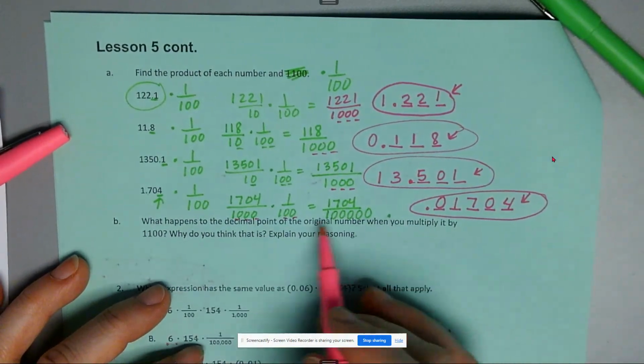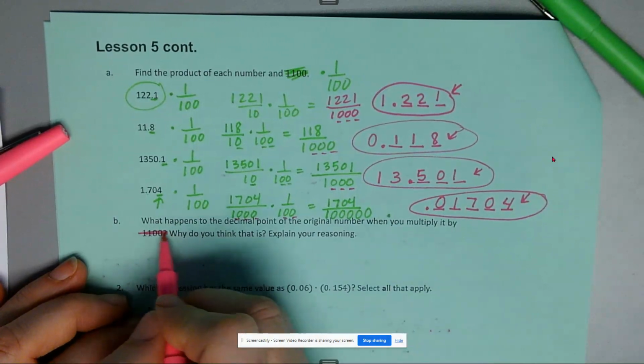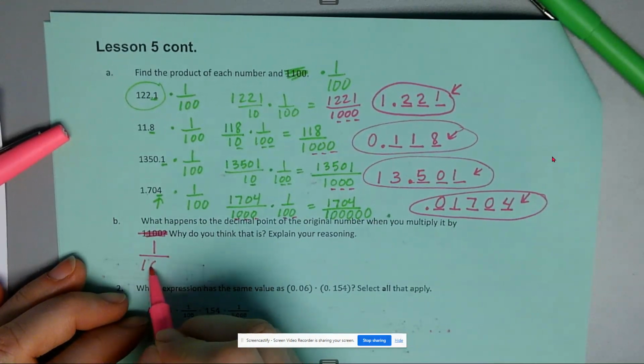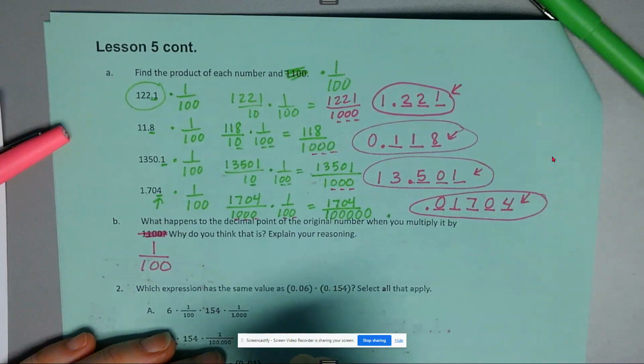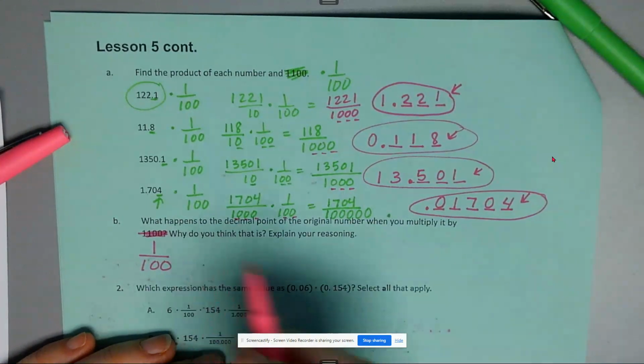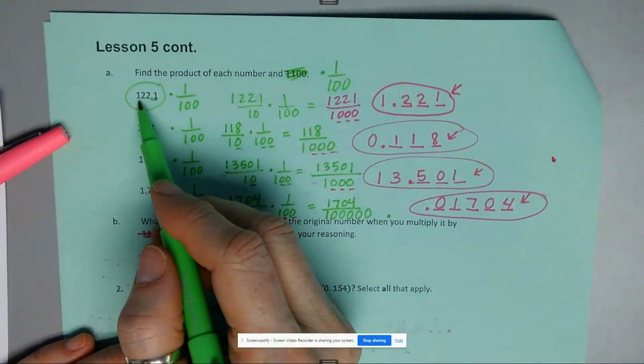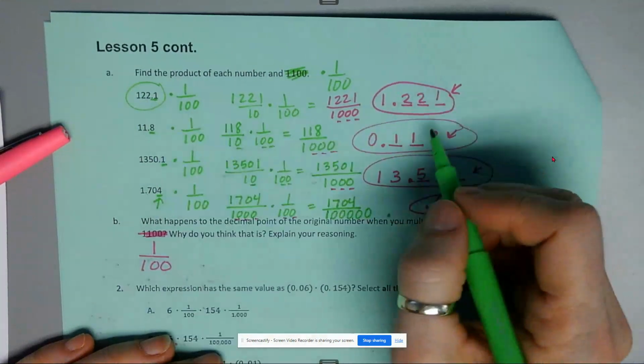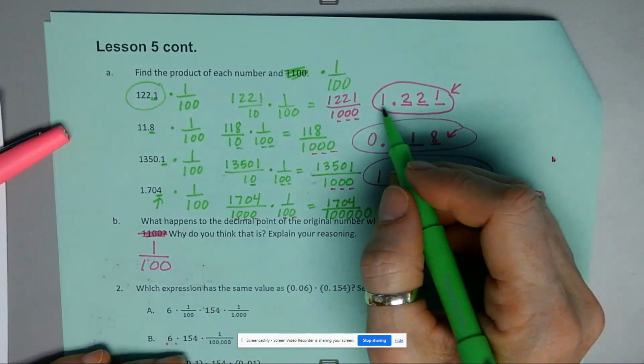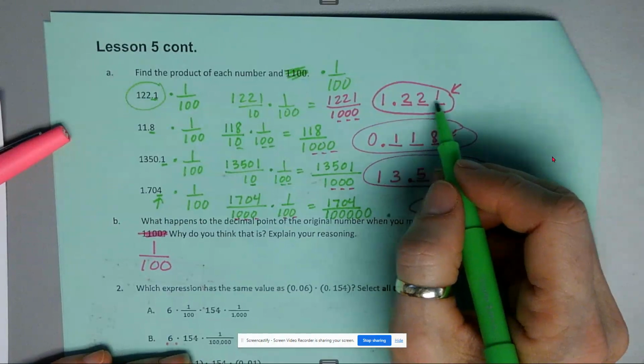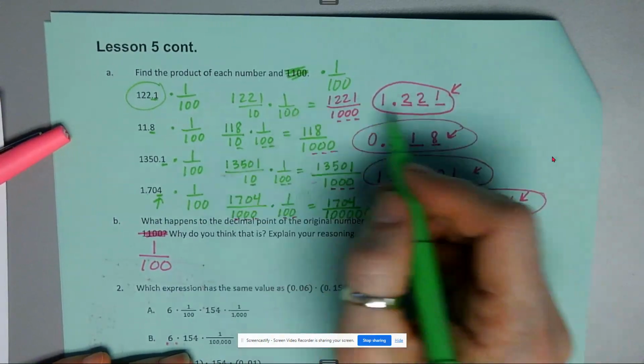What happens to the decimal point of the original number when you multiply it by 1 over 100? Well, if we look at the original problem, it was 122 and 1 tenth. Now it's 1 and 221 thousandths.